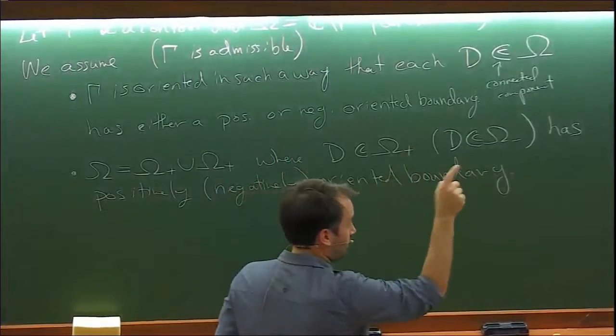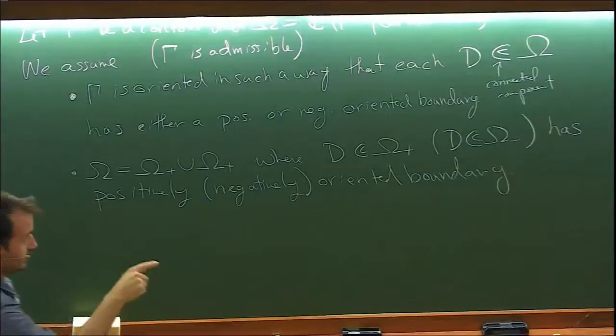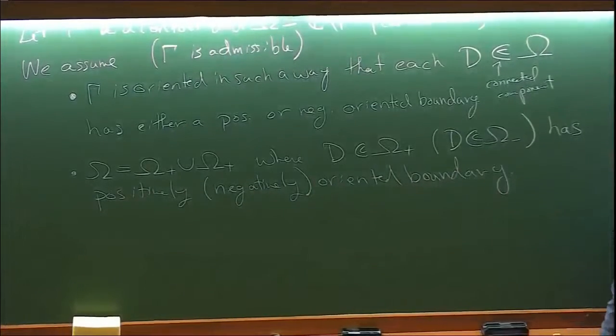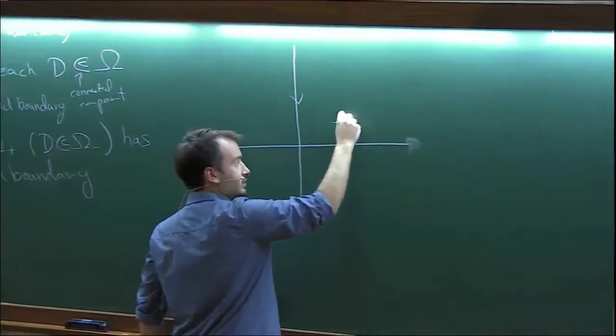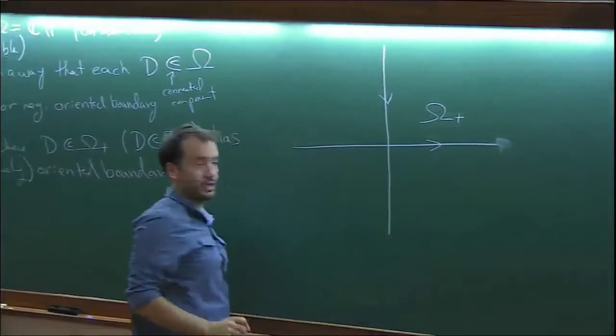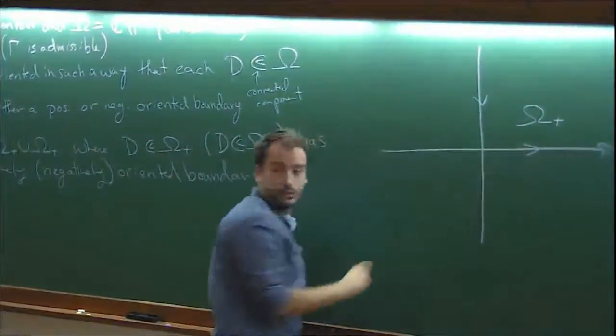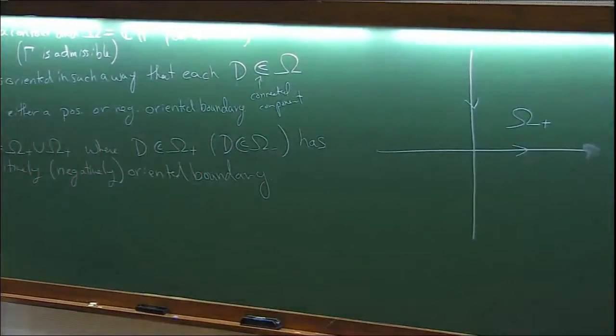Everything I have to orient the contour in such a way that I have a single orientation on the boundary of a region, so that would be omega plus. I can't switch this one without switching that one. That region has to have the same orientation on the boundary.